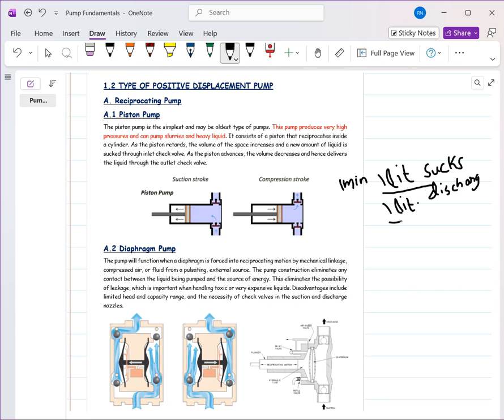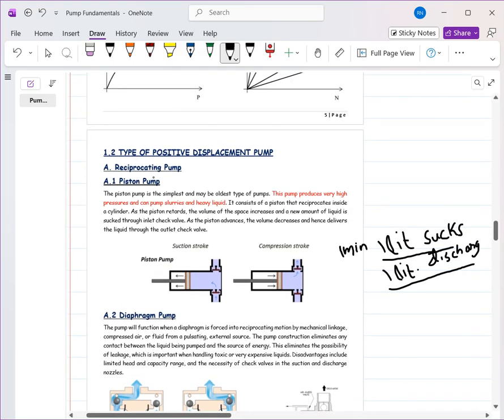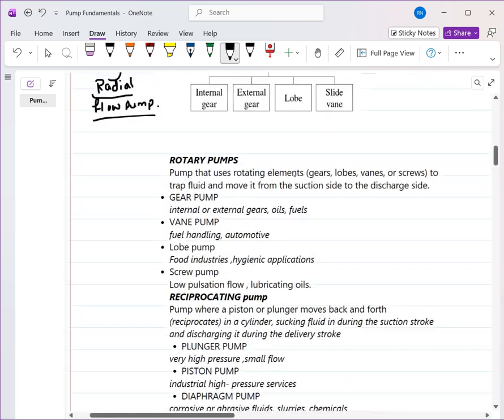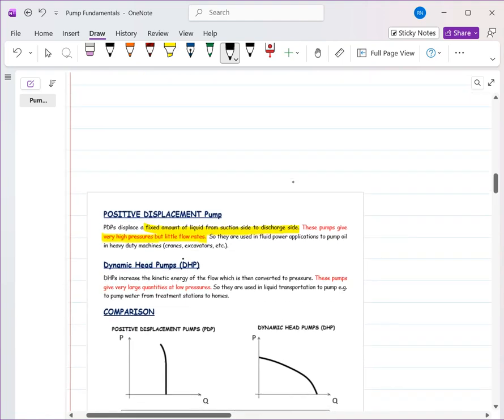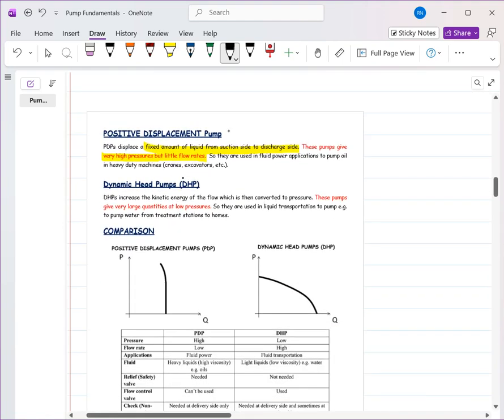So this type of pump is also called a constant flow rate pump. So flow is independent of system pressure.